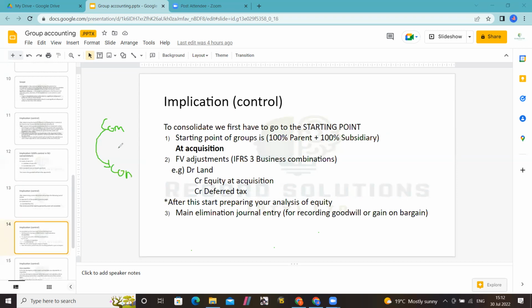And this process is consolidation. So consolidation, what does it mean? It means looking at things from a group level. That's what consolidation means, from a group level.